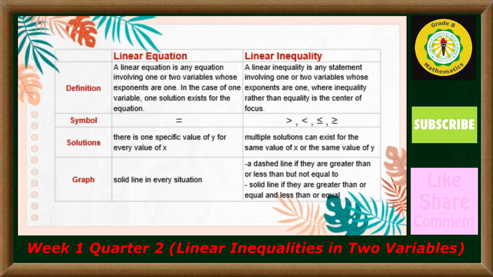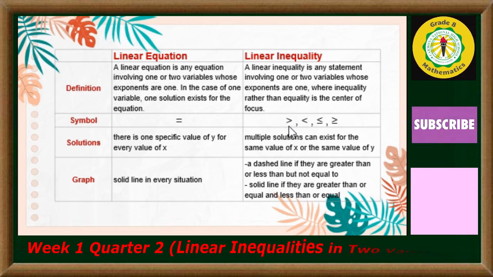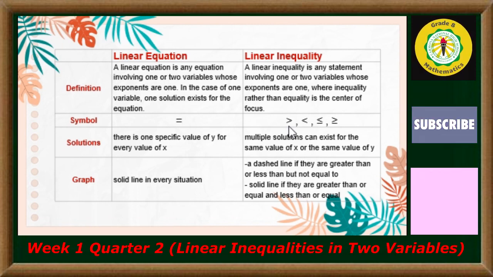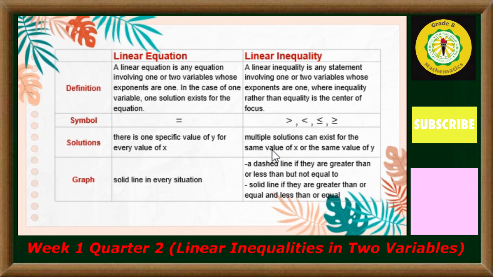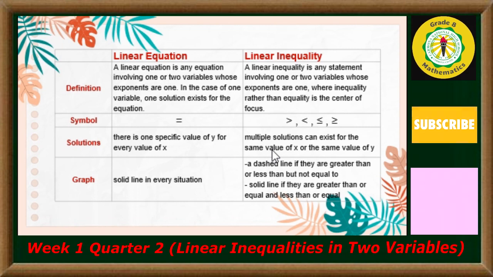And for the symbol, linear equation, I have here an equal sign, and for linear inequality, I have here greater than, less than, less than or equal to, and greater than or equal to. For the solutions, there is one specific value of y for every value of x. And for linear inequality, multiple solutions can exist for the same value of x or the same value of y.